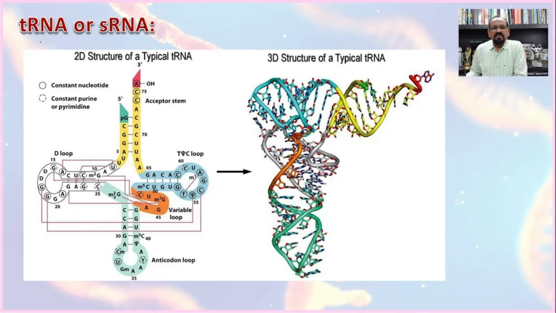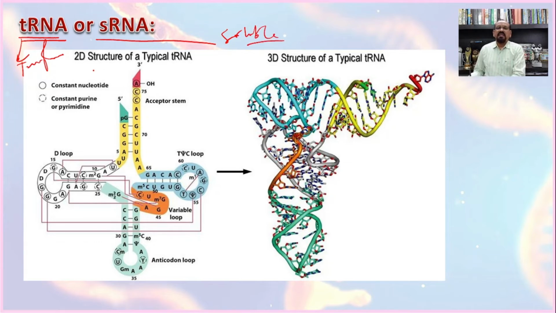The second type is tRNA. T indicates transfer, or sRNA means soluble RNA. It is unlike the mRNA. It is a folded structure and also has complementary nitrogen base pairing. This is actually the structure of the clover leaf model.